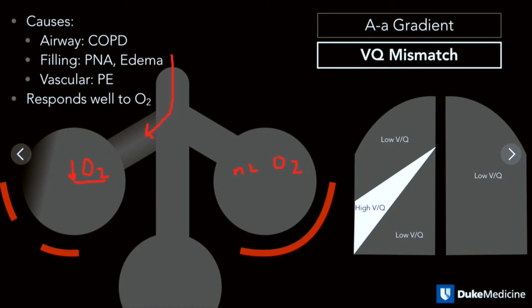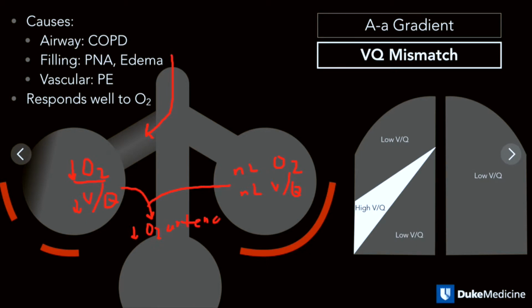So if you have an area that has decreased ventilation, so less V, compared to blood flow, you have more of a mismatch compared to normal areas of ventilation. If there's less ventilation, the blood flow isn't as well oxygenated, so you have mixing of well-oxygenated and not well-oxygenated blood flow, which leads to decreased O2 in your vasculature.